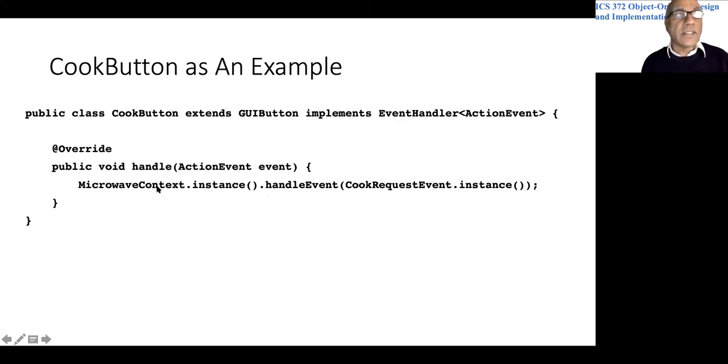Every event other than the ones related to the timer go through the context. So the context has a handle event for every event type except the timer events. So the cook request event instance is passed as a parameter. So we go to the correct method.